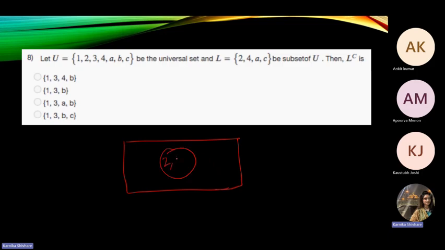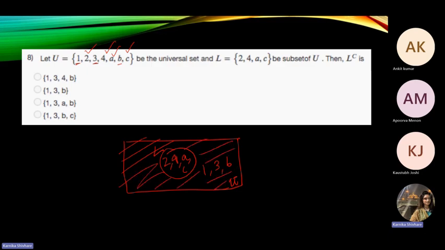L is 2, 4, A and C. So 2 is done, 4 is done, A is done, C is done. What all are remaining? 1, 3 and B. So these are here: 1, 3 and B. This is L and this is U. L complement is this one, that is 1, 3 and B.